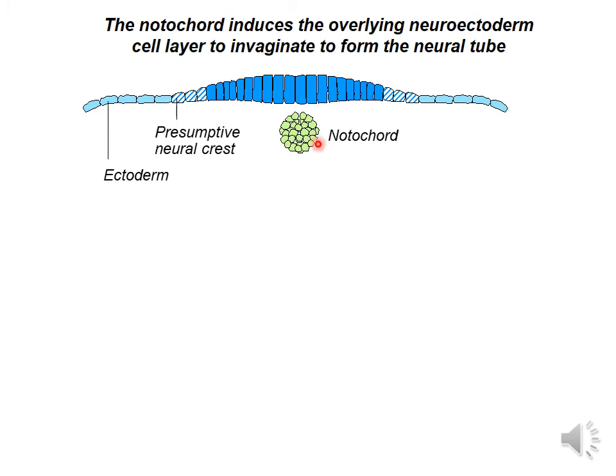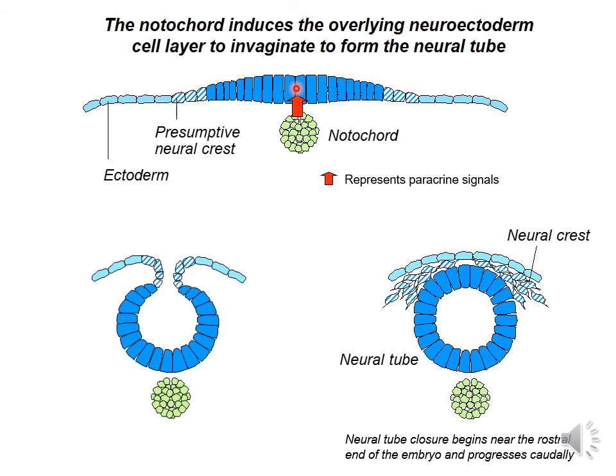Here again, this is the notochord. This part of the ectoderm will be thickened. And you can see here, these edges are elevated, and these two edges will come close together until they meet, forming the neural tube. The notochord is still apparent here.